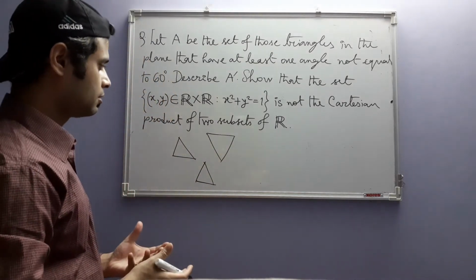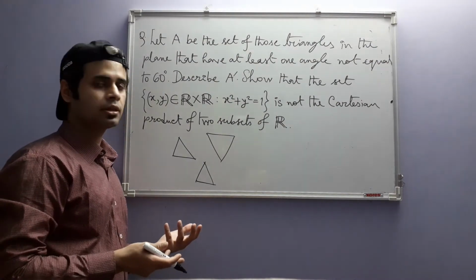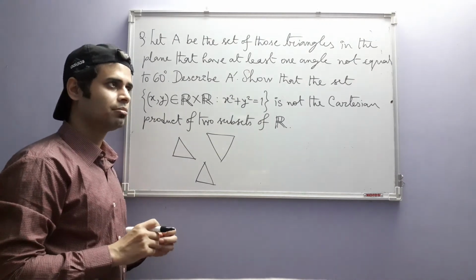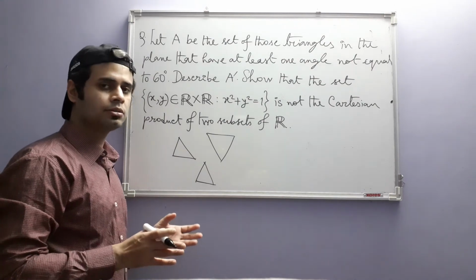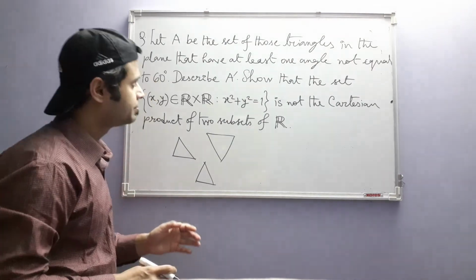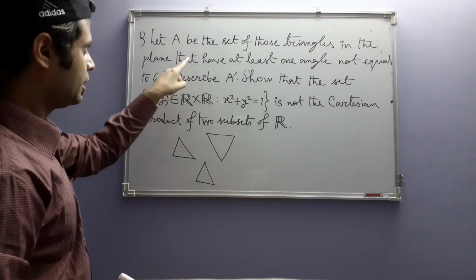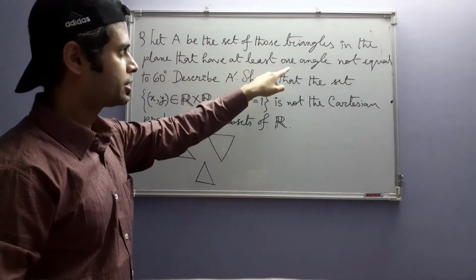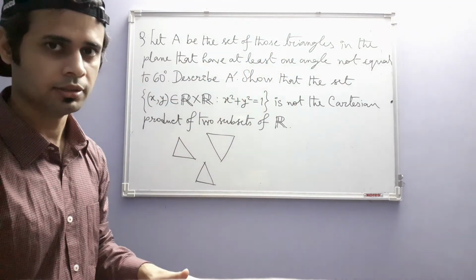In this context, the universal set is the set of all triangles in the plane. They may contain triangles of any shape, any size. Now among them, we have chosen those triangles which have at least one angle not equal to 60 degrees.